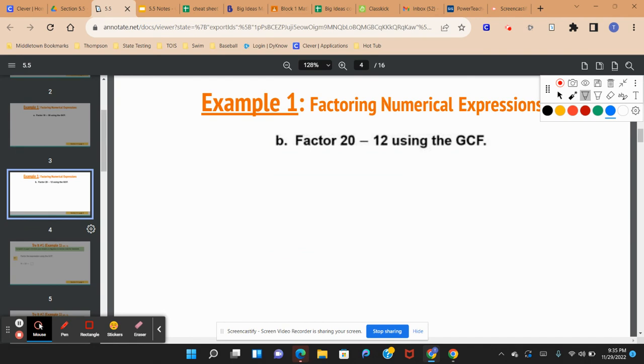All right, so let's do example 1, problem B. You have 20 minus 12. So we have to factor 20 minus 12 using GCF. We're going to do 20 and 12. Find our prime factorization.